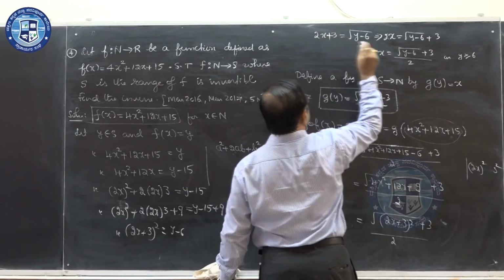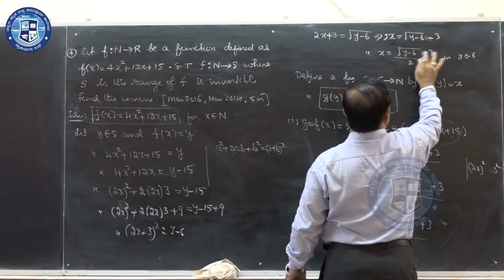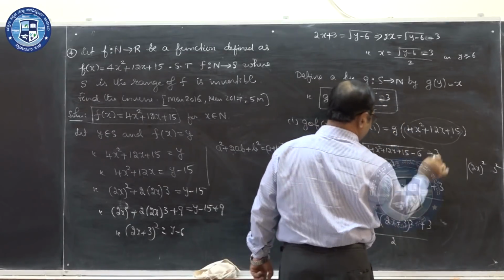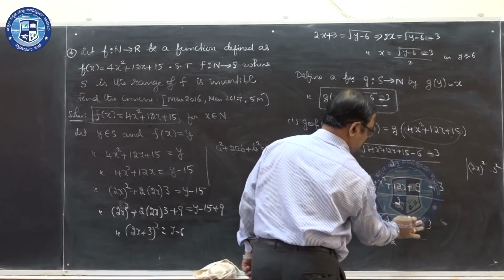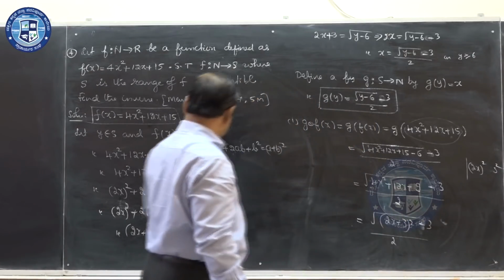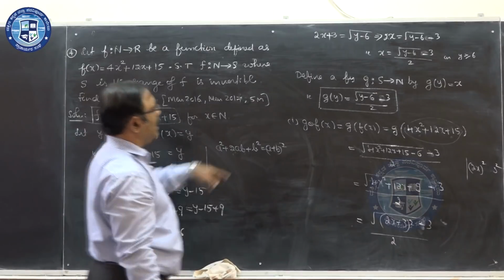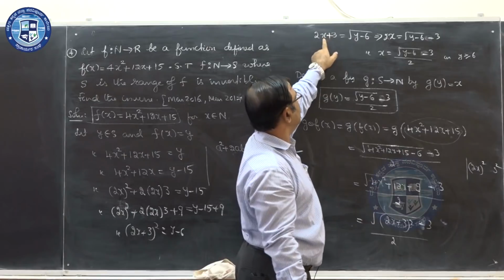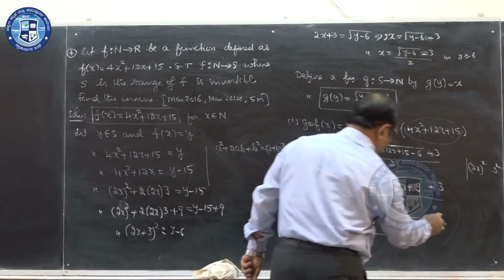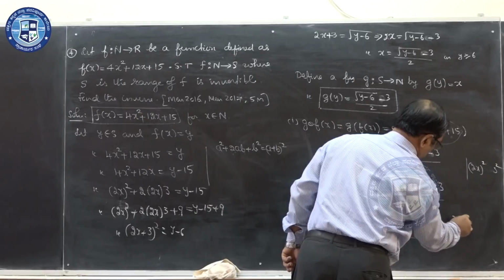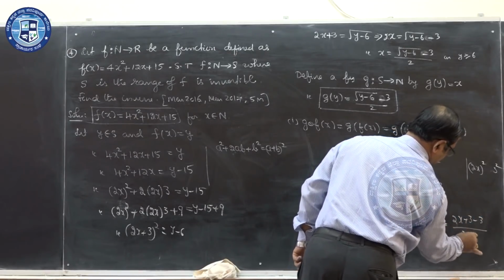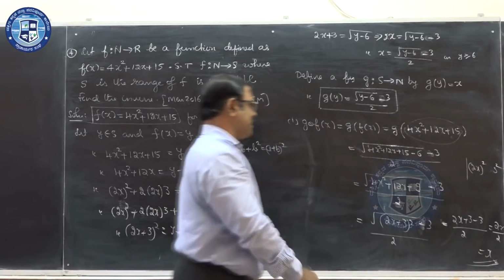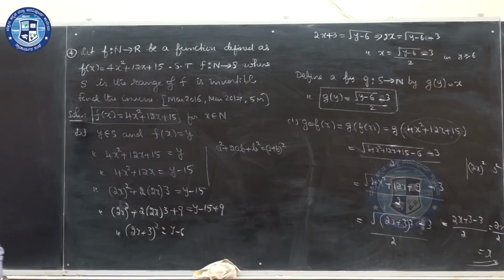See, this is 2x plus 3, so this is minus 3. Actually I wrote 2x minus 3. It must be 2x plus 3. So now this is nothing but 2x plus 3 minus 3 by 2, 2x by 2. What is that? X. That is equal to x.